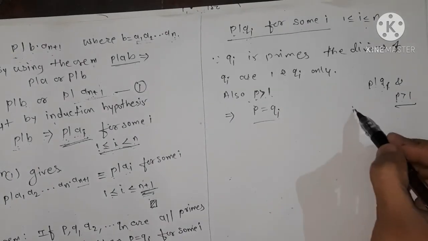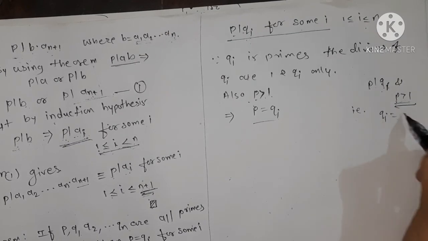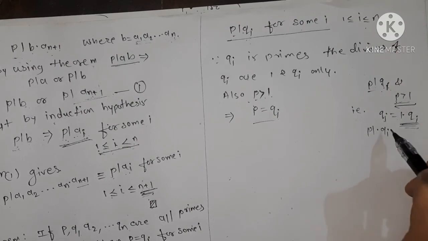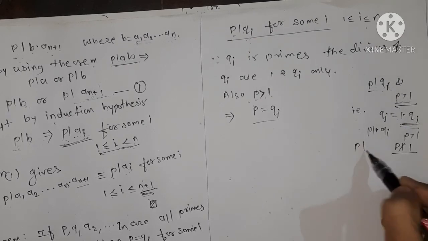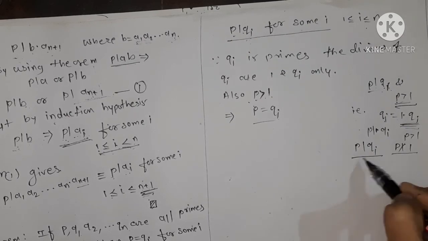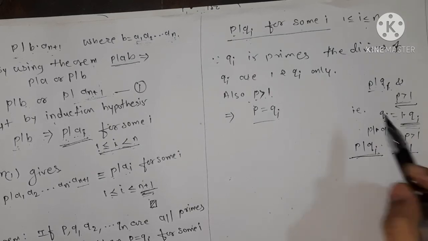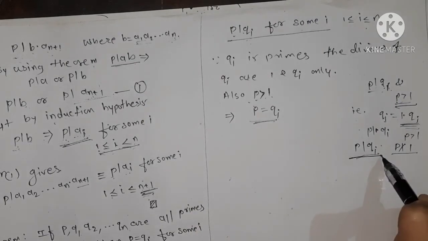That is what we have. P is greater than 1, and qi equals 1 into qi, because qi is prime and can be written only in this form. P is dividing 1 into qi, right? But p is greater than 1, that is, p does not divide 1. Therefore p must divide qi, and if p divides qi and qi is prime, then p equal to qi is the only possibility for this condition to be true.